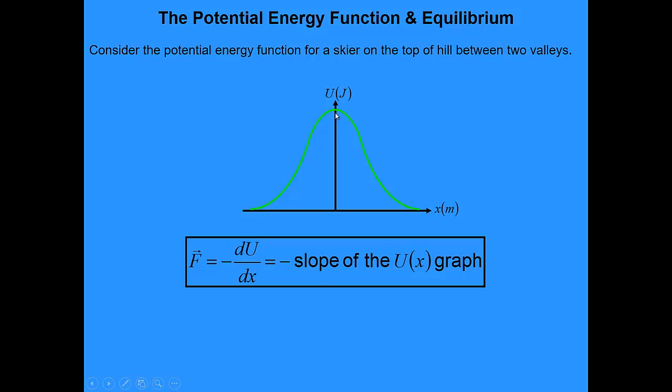Let's look at what happens when the skier moves a little bit to the right off the hill. Now, according to the function, the slopes to the right of equilibrium have what kind of slopes? Negative slopes. So they have what direction forces? Positive forces, because it's the opposite of the slope.